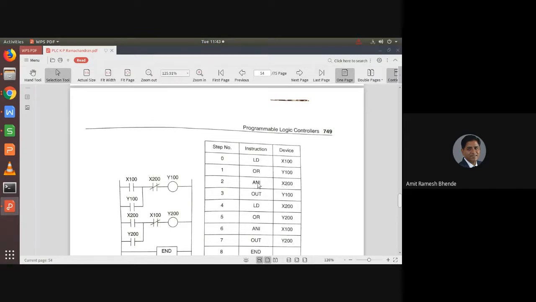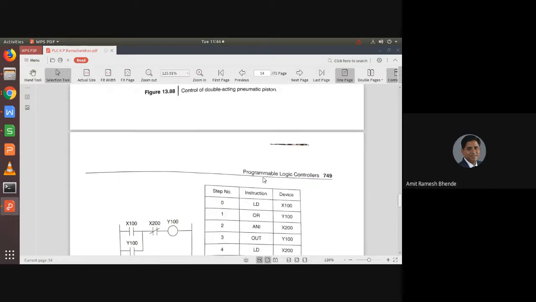X200 is the input switch. Then X200 is also LD. Then Y200 is the output relay, and Y200 is also an output device, and X100 is ANI.